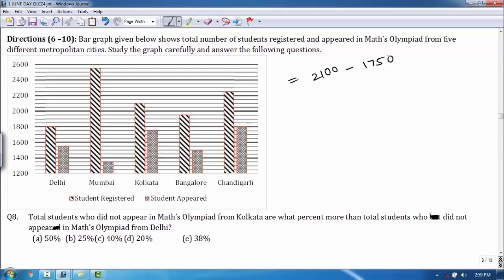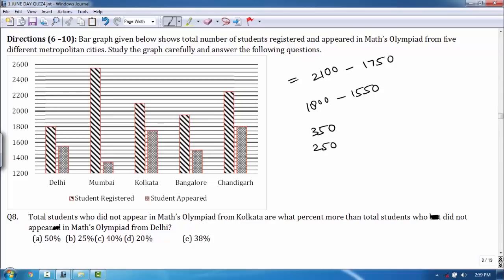Then total number of students who did not appear from Delhi will be 1800 minus 1550. So the total number of students who did not appear from Kolkata will be 350, and the total number of students who did not appear from Delhi will be 250.